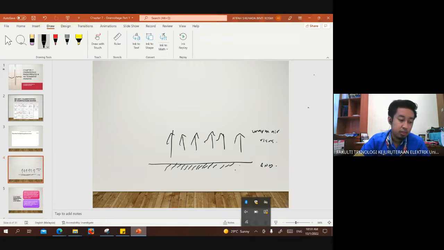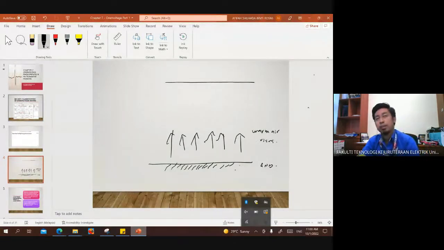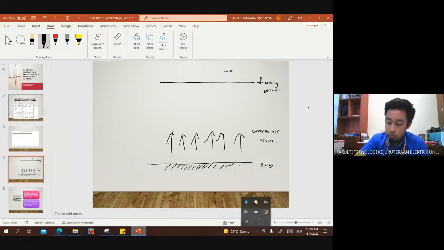So when the warm air rises up, there is what we can call the freezing point at the top here. Okay, so the warm air will convert to small ice.